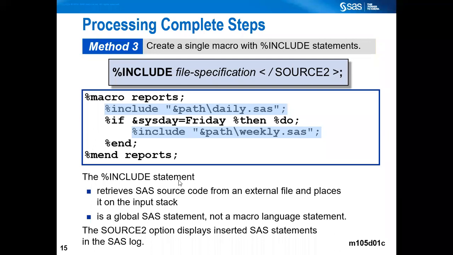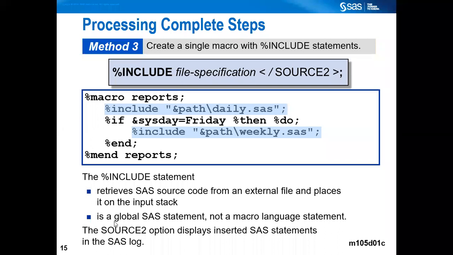So what is this %include statement? It retrieves SAS code or source code from an external file and places it on your input stack. It's a global statement, same as your libname or options. It cannot always be part of your macro language or written into a specific step. It can be an independent statement also.